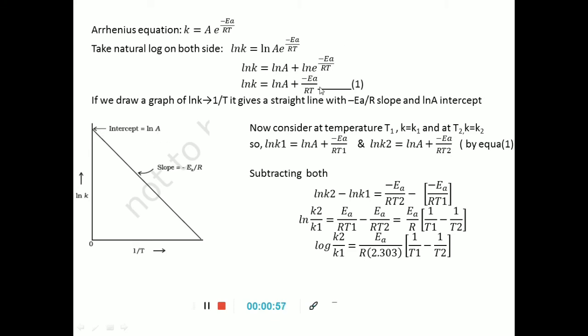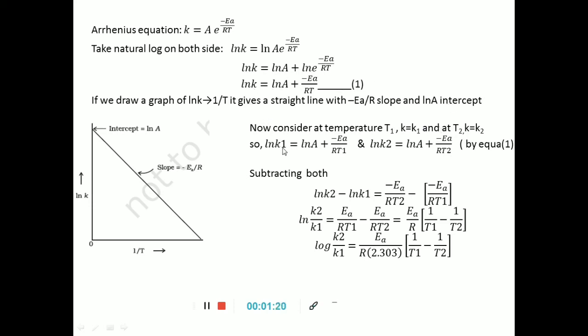Now suppose two different temperatures are given to you, T1 and T2. At temperature T1, the rate constant k is equal to k1, and at temperature T2, the rate constant k is equal to k2. Now for both conditions, write down equation number 1.